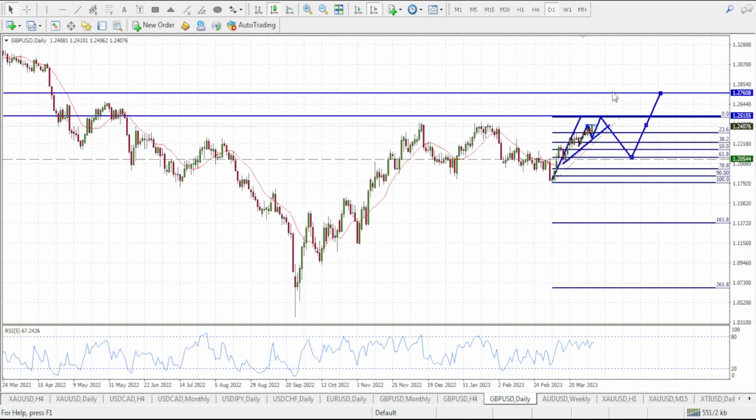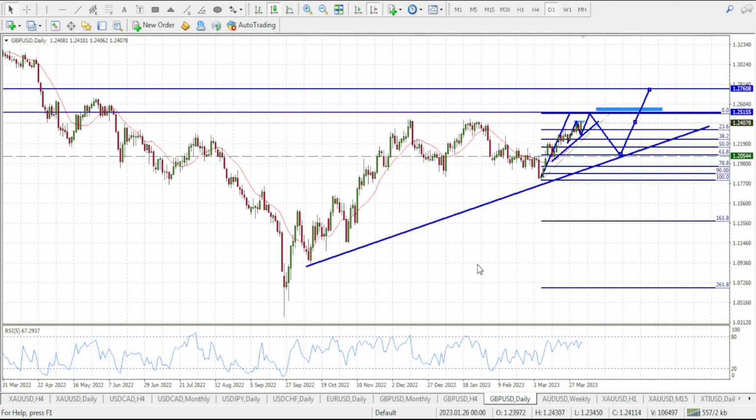And the ABCD pattern that is projected for the future is telling us a breakout of this structure, which clearly means that no doubt pound dollar is on a clear uptrend, and it should be clear.